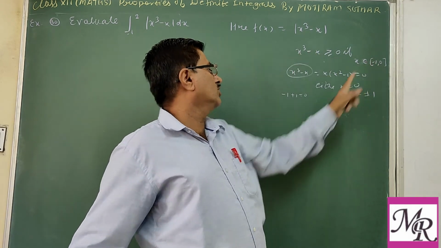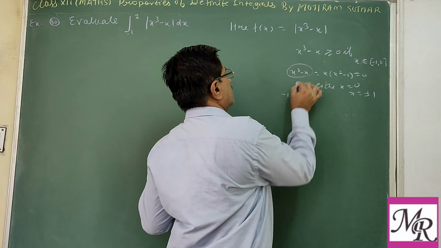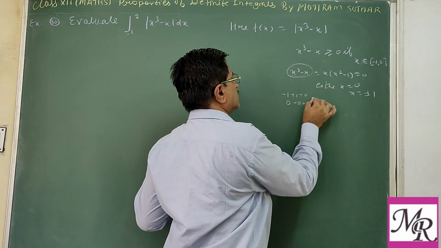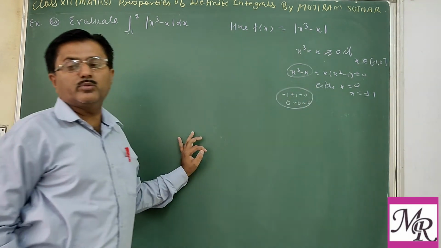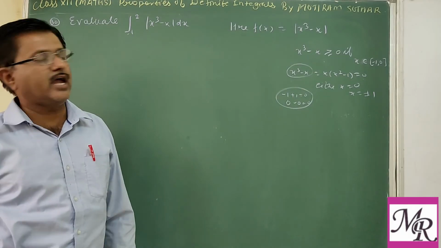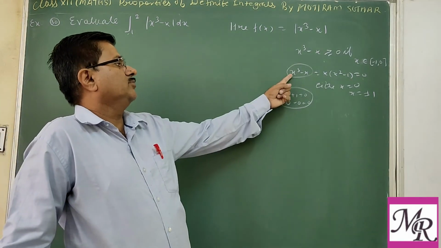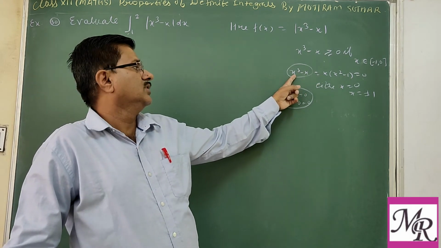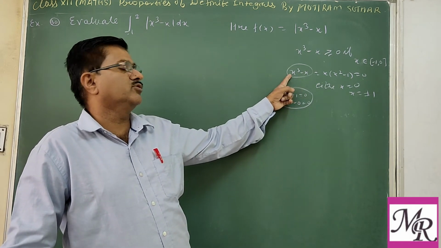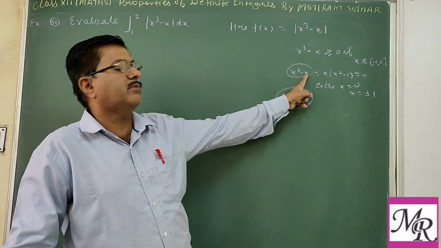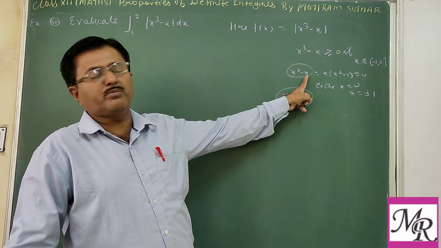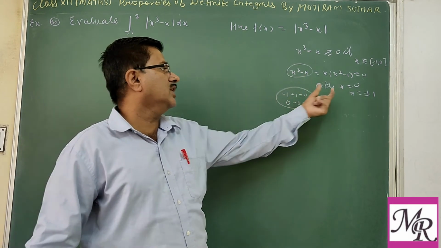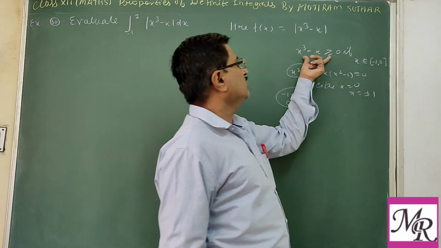Then we take 0 also: 0 minus 0 is also 0. And between these two points you can also check, like minus 0.5. If you take minus 0.5, this is also positive. Clear? Because minus 0.5 cubed is minus 0.125, and minus of minus 0.5 is plus 0.5, so the sum is positive. So in the interval this value is positive.